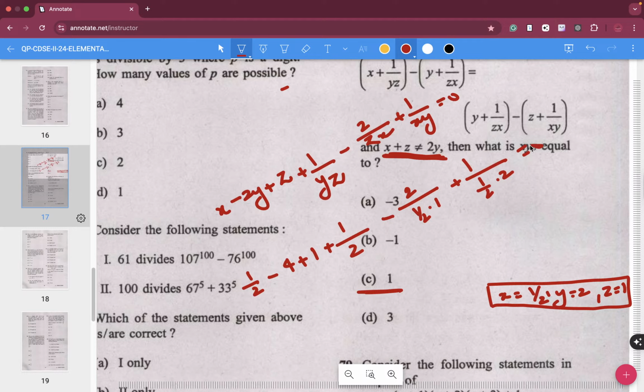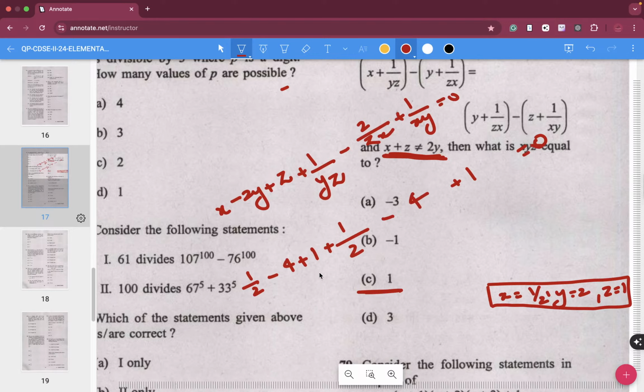Is it equal to 0 is what we have to check. Now if you solve for this, this will give you 1 only, right. If you solve for this, this value will give you 4, right, isn't it?